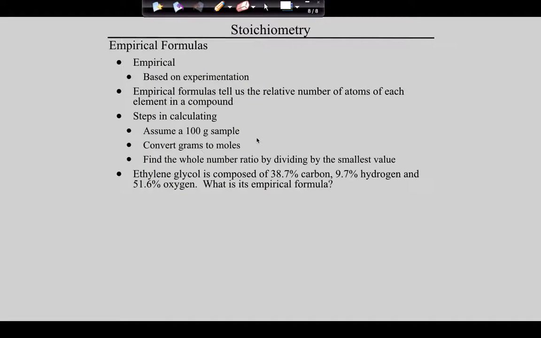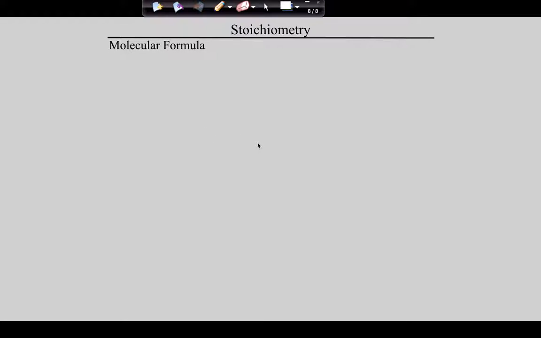But guys, the question is, what information do we need to know in order to know what ethylene glycol is? What we need to do is calculate what's called a molecular formula. Write this down. This is new. This is the process of calculating what are called molecular formulas.